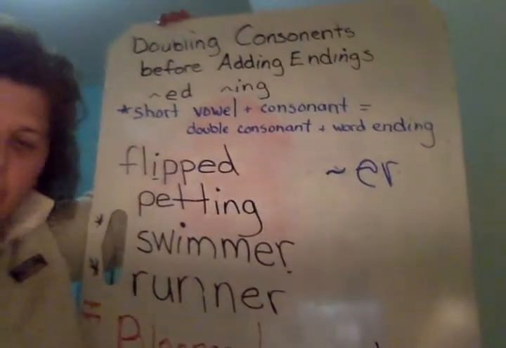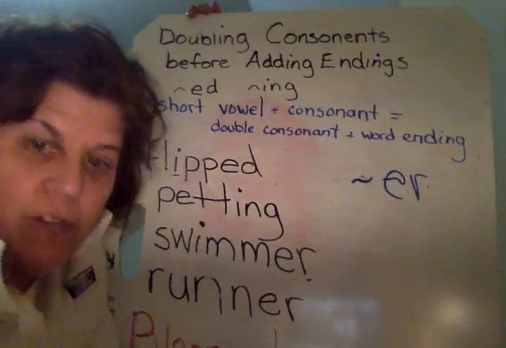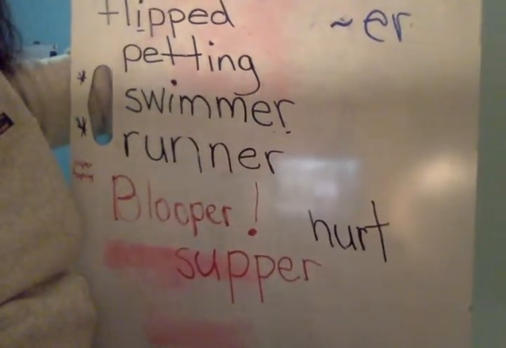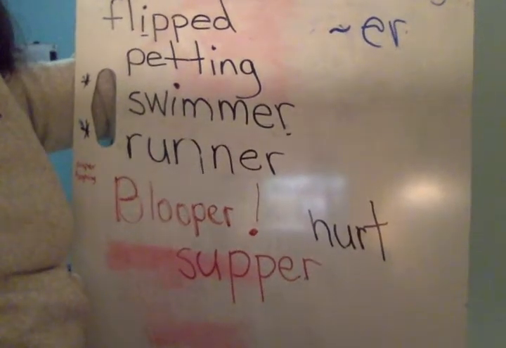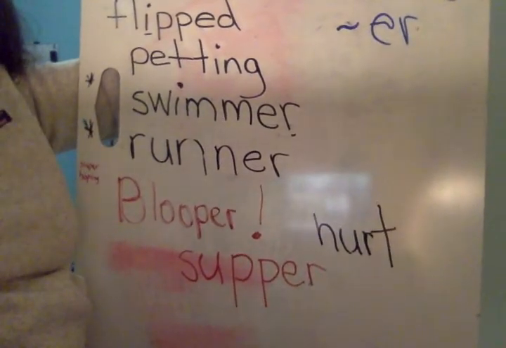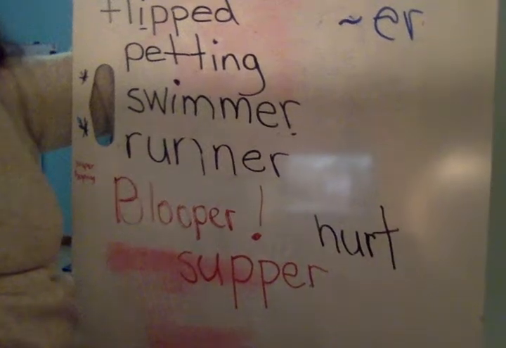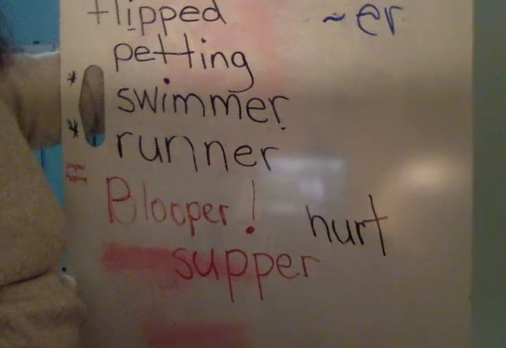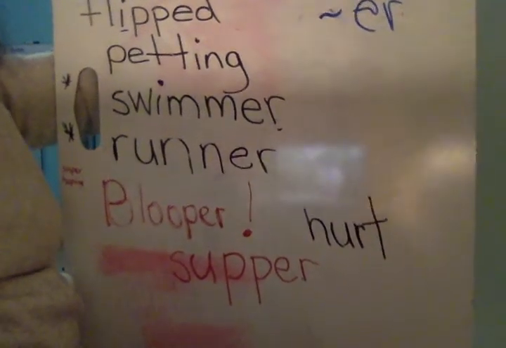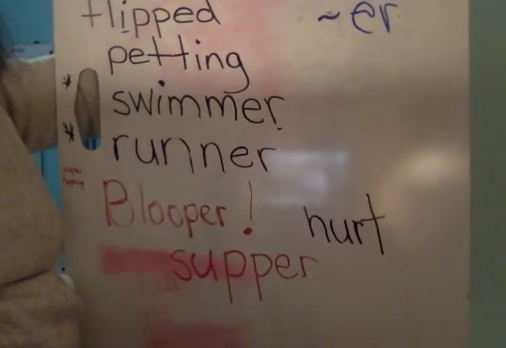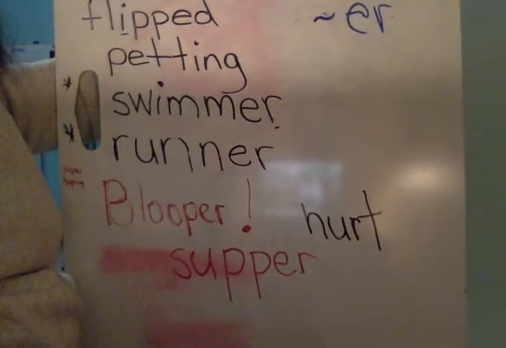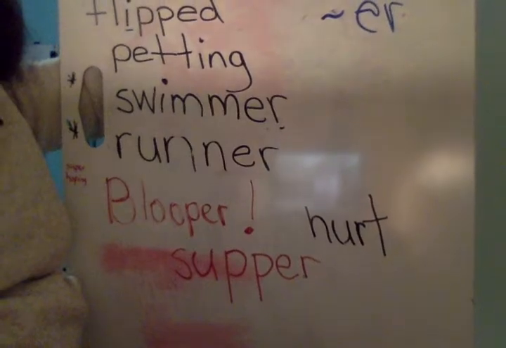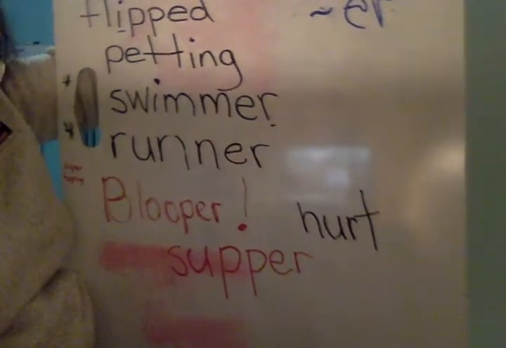You're already catching on. Now the blooper. Are you ready? Here's a trick. So, what if I had the word hurt and I wanted to change it to say hurting? Let's see what happens with the word hurt, changing it to hurting.